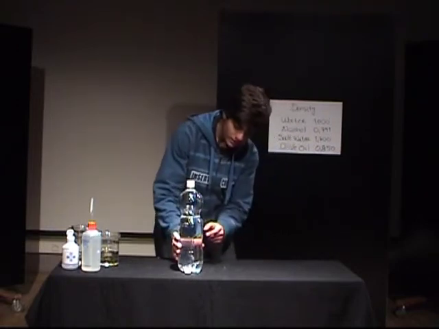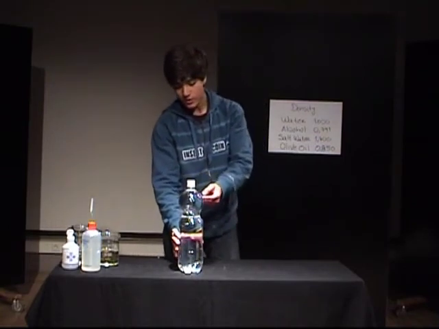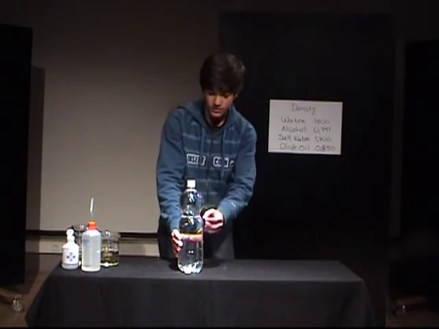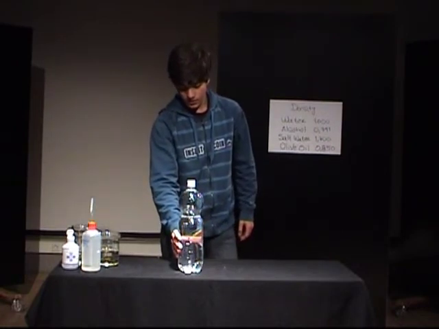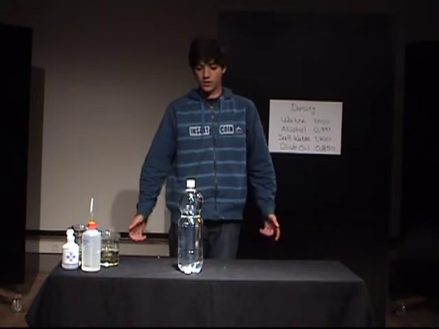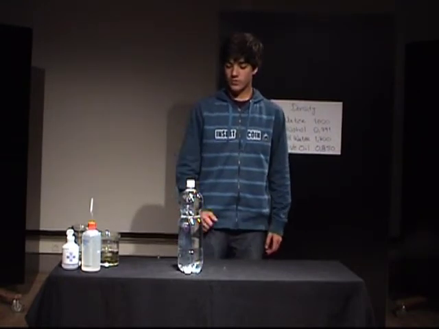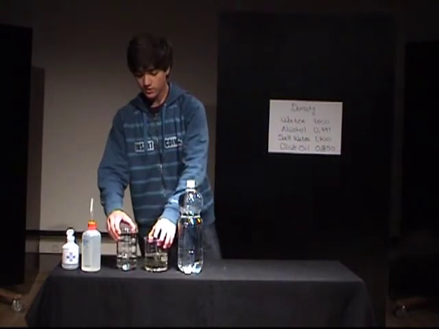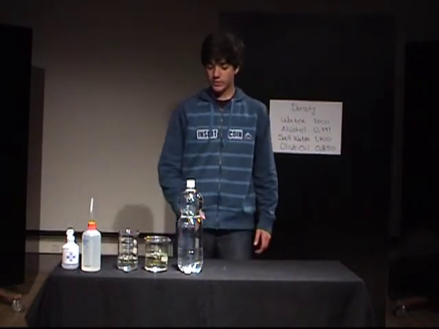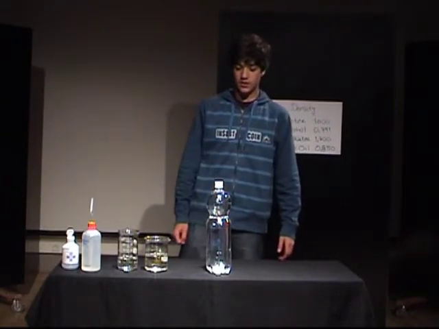And when I increase the density of the test tube, it becomes denser than the water and sinks. So we can control the behavior of the object if we change the density of the liquid, like in this experiment, or if we change the density of the object.